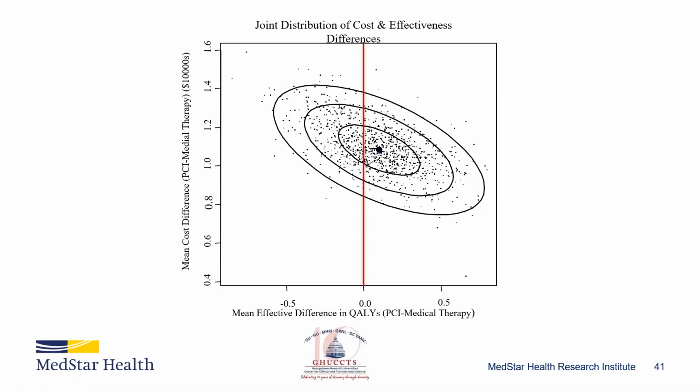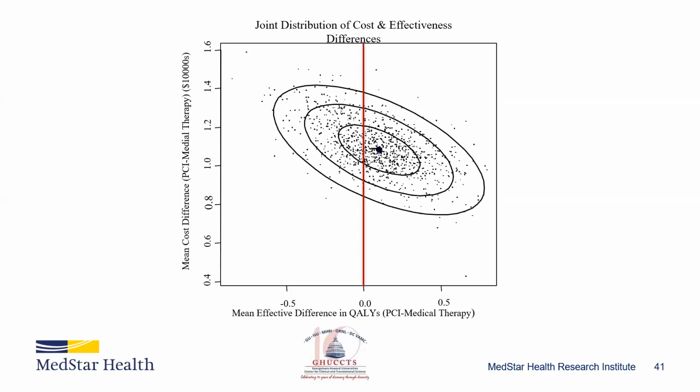A lot of the simulations fall in quadrant 1 here, but a lot of them also fall in quadrant 4. So this is what the results look like, but we would also have tables with actual numbers in them. So this is how Bayesian analysis can be used for quite complex situations that are not as easy to do with frequentist statistics.